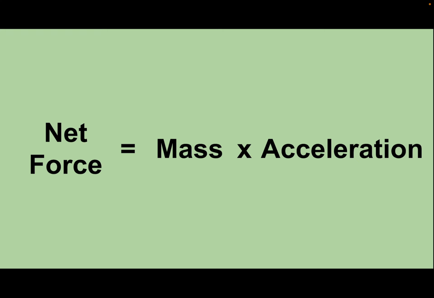So we can summarize this into F for force, and that's net force. So you balance out the forward going force versus the backwards going force, or if you're comparing up and down forces, the vertical forces, net force there. So F equals m for mass times acceleration.